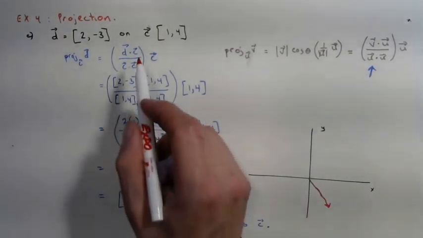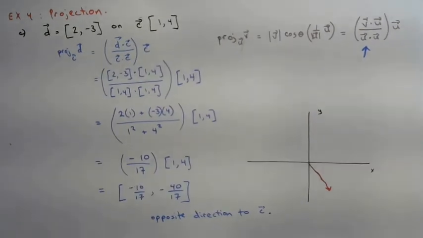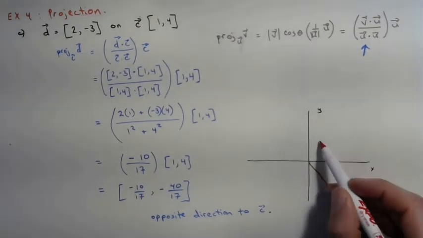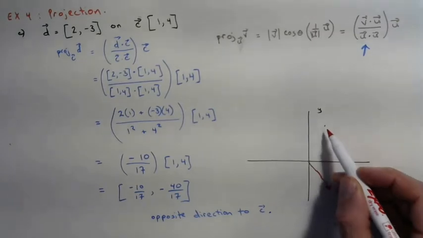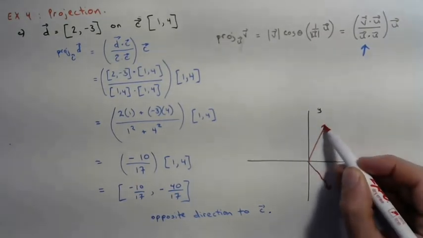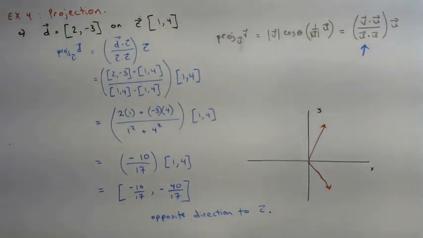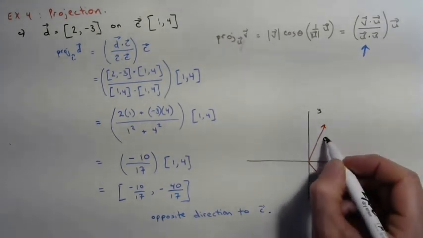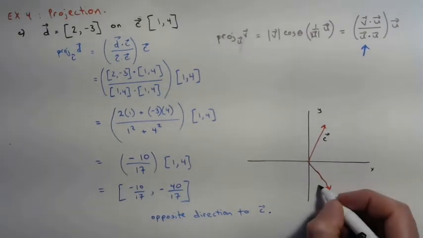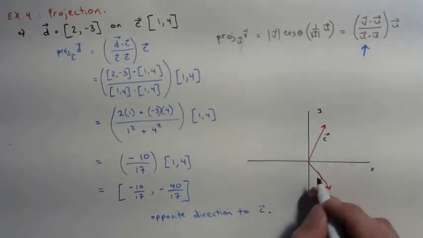And we've got the vector C, which is 1, 4, coming out about there. I should label our vectors. Here's C, here's D.